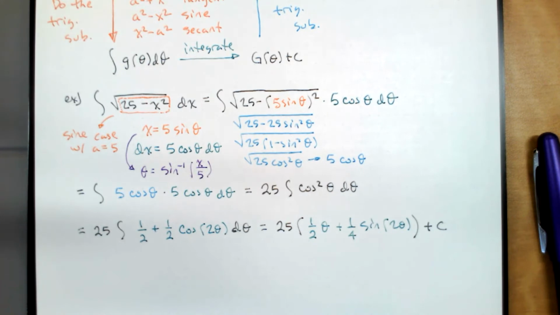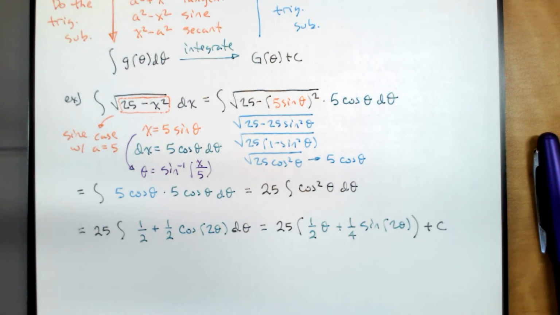That's no problem. That'll be easy to replace. The other problem that we have, though, is that sine of 2 theta. I can't just put sine of 2 times sine inverse of x over 5.